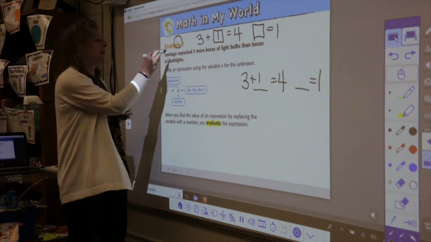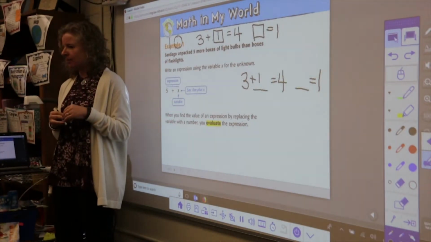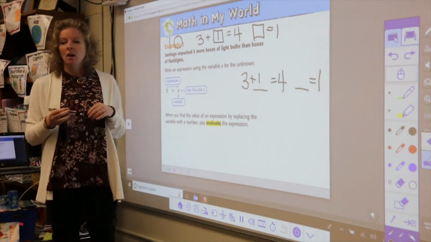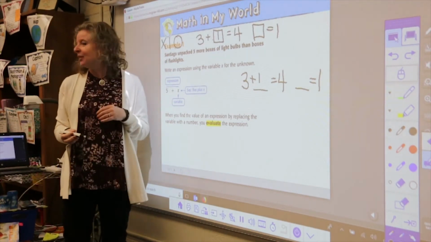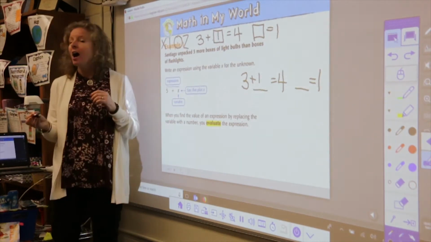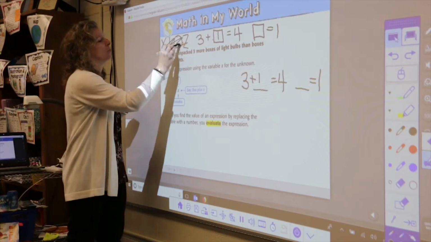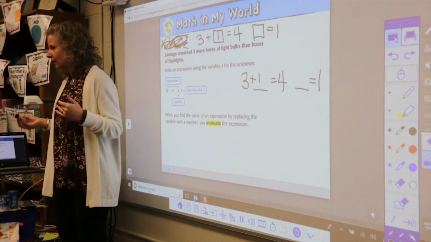No. Should I pick the letter L? No. Z? No. Should I pick the letter X? No. Okay, there are just certain ones. And Z, you don't want to pick that one. It kind of looks like a 2. I like to pick letters that really do not look like digits.